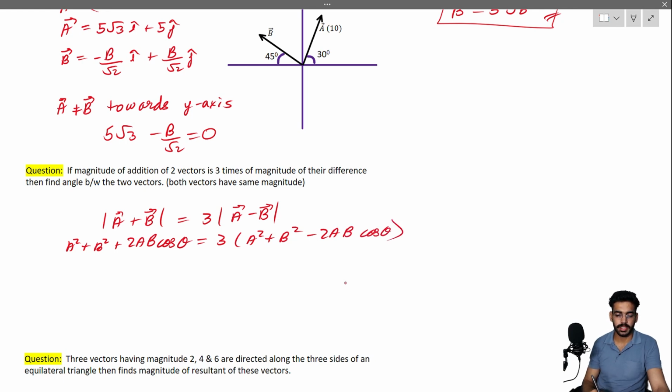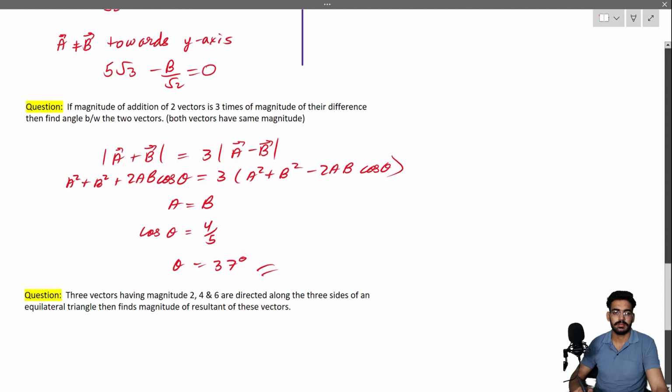So if you resolve from here and put A equal to B, then you will get cos theta is equal to 4 by 5. So from here theta equals 37 degrees. You can solve it. If you put A equal to B, all things will cancel out, the 2 times, and so on.